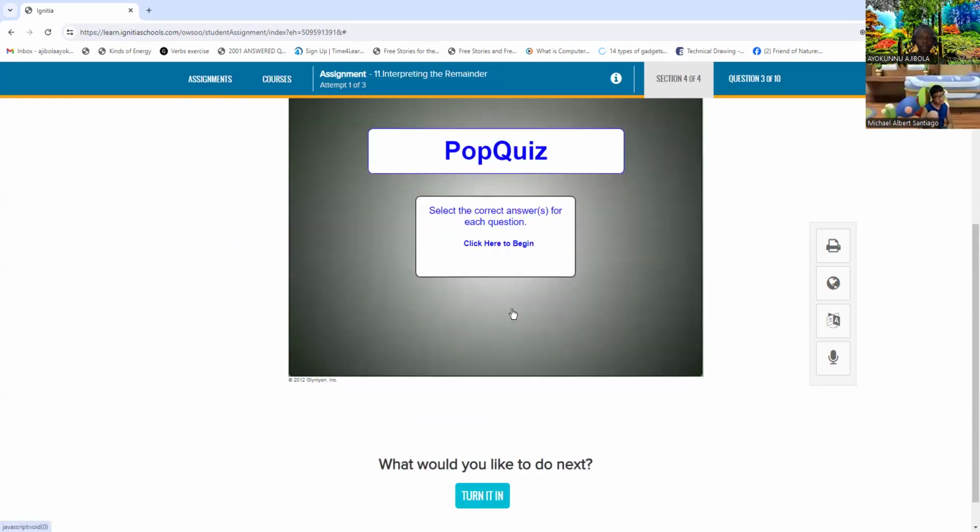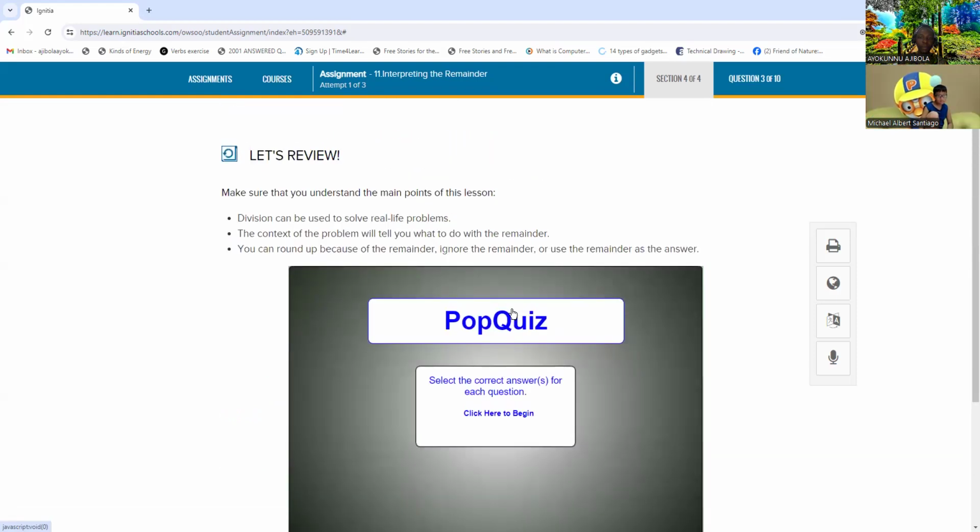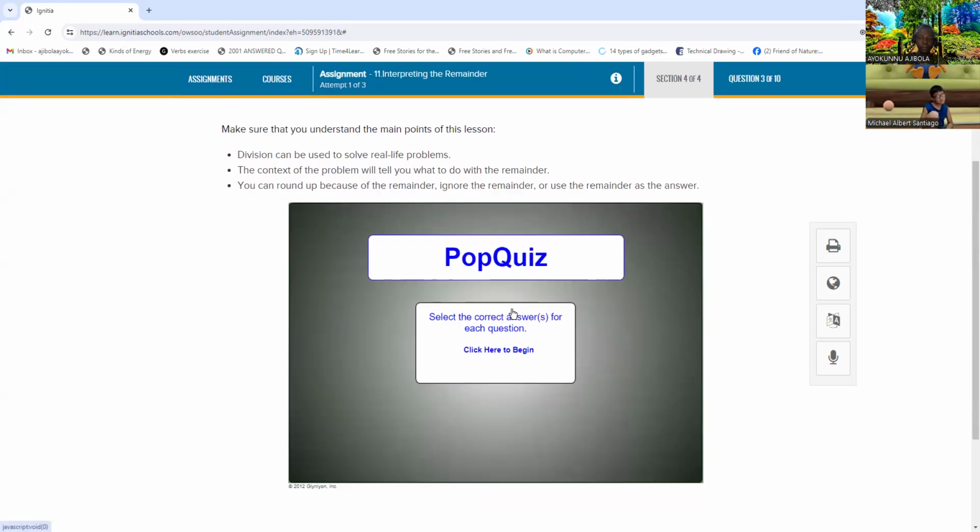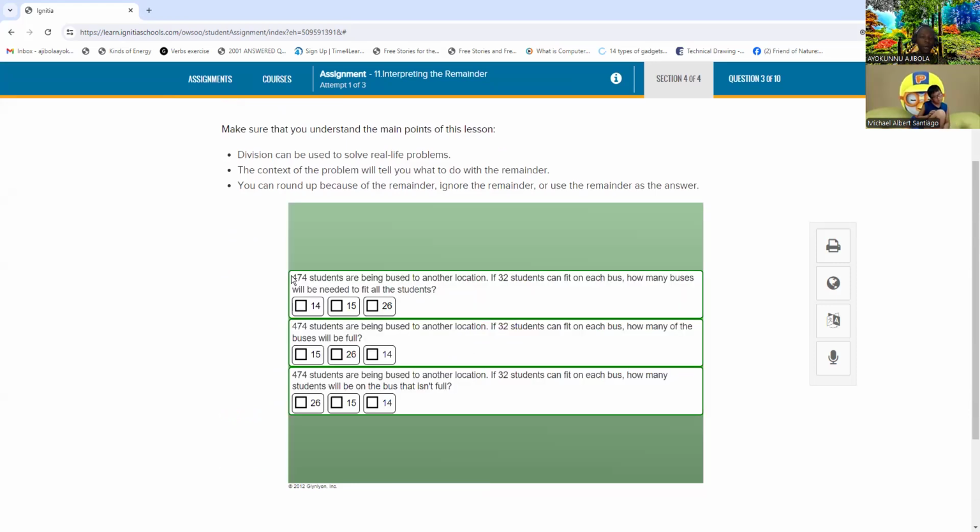Okay, let's try to solve these. Then we can work on questions, okay? Okay. Let's pop this up. 474 students are being bused to another location. If 32 students can fit on each bus, how many buses will be needed to fit all the students?